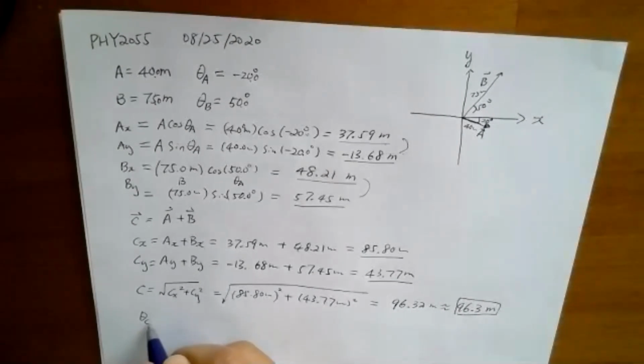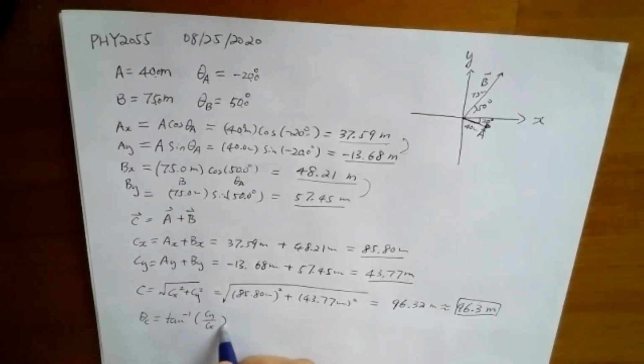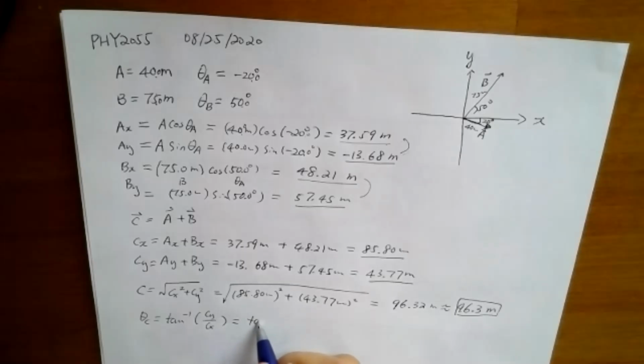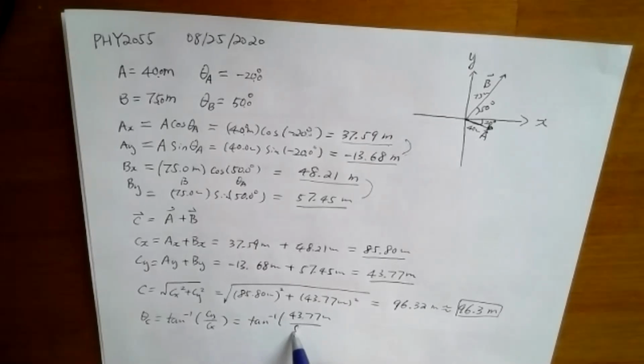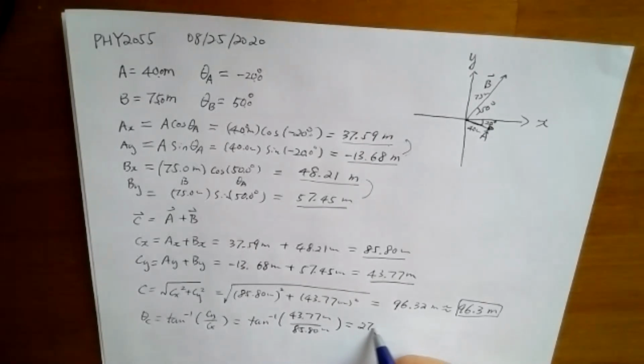Its directional angle should be tangent inverse of Cy over Cx. So tangent inverse of 43.77 meters over 85.80 meters. That will give me 27.03 degrees, roughly 27.0 degrees.